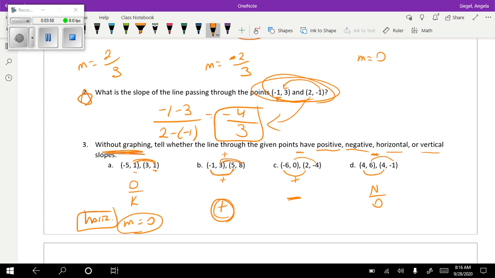So in this case, I had a positive slope. Same thing, the opposite over for C. I had a negative over positive, which is a negative. And D is similar to A, where I had 4 minus 4, but that was going to be on the bottom. So 0 on top is okay, 0 on bottom is no way, so that's undefined. So that's going to be vertical. So that's kind of that thought process that I go through.